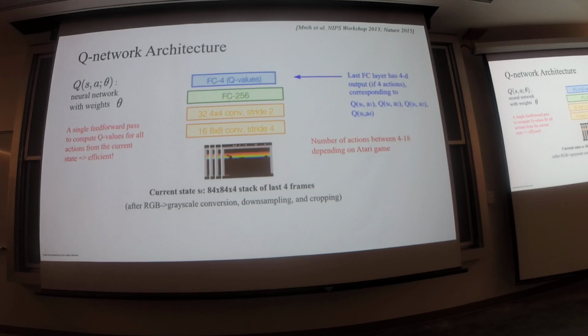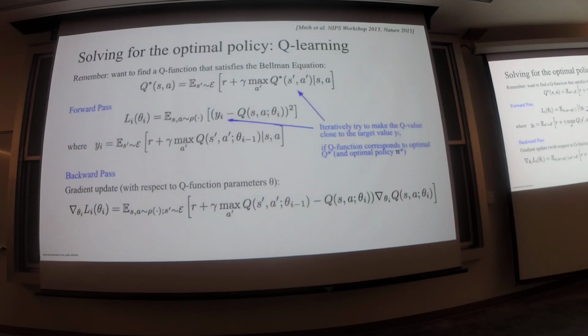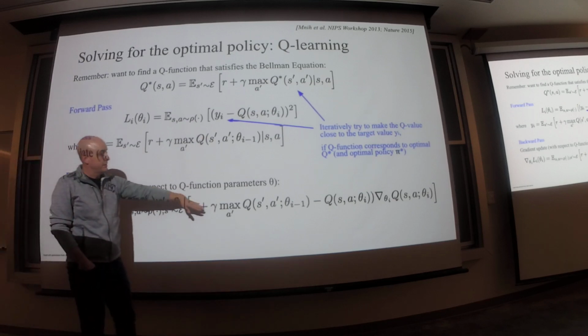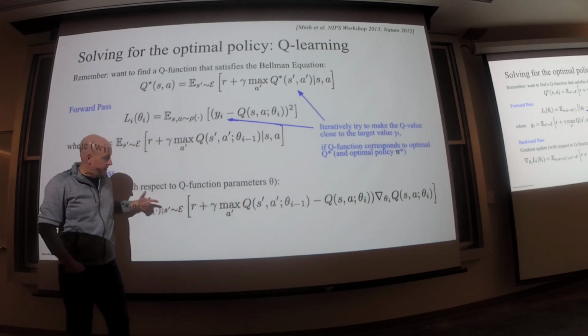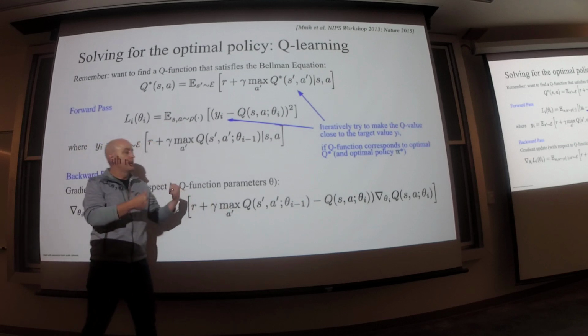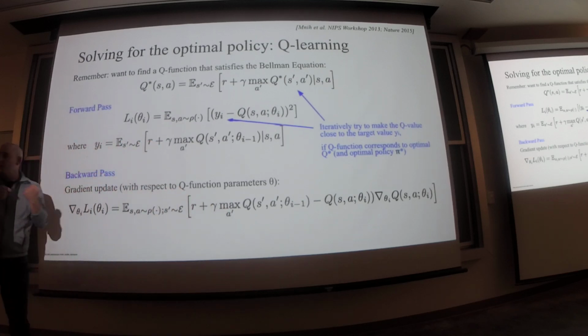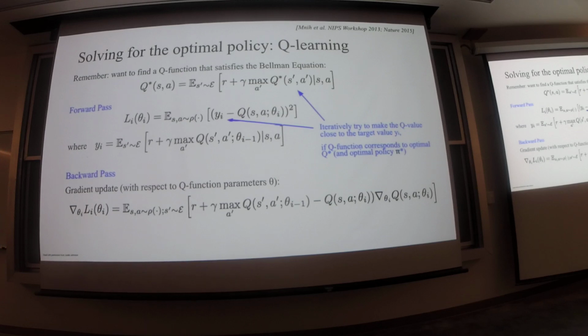Let me say it this way: what you're doing through this process at every iteration is learning the optimal Q function. The fact that it's being supervised this way means the neural network is converging to the optimal Q function. Once you have that, you can use it to have access to the optimal policy.